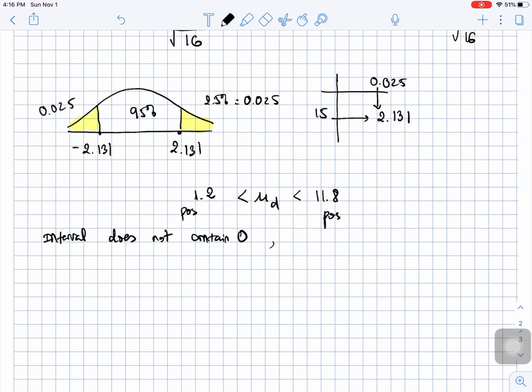So let's explain the meaning. When you have mu D between two positive numbers, that means mu D is a positive number.